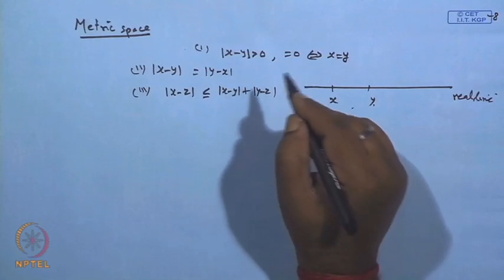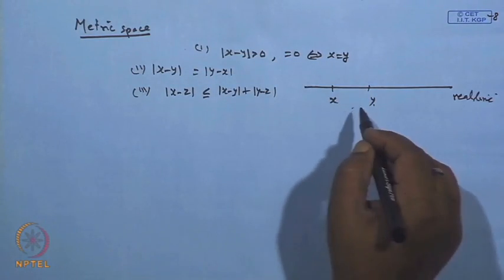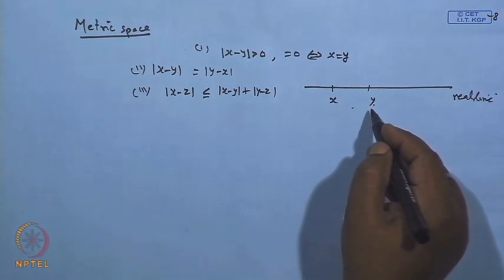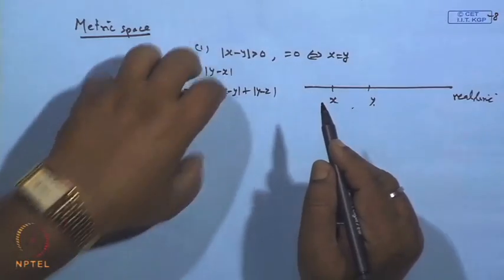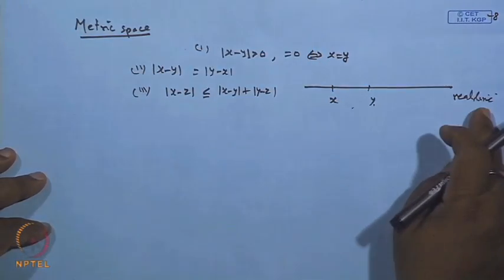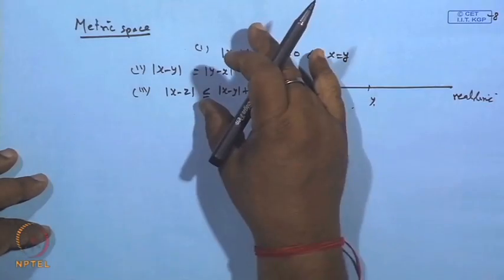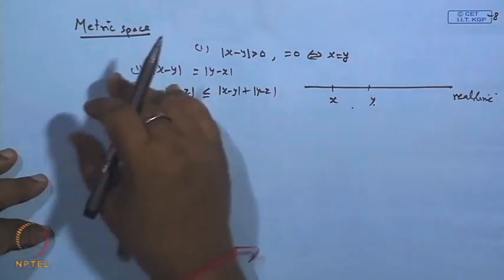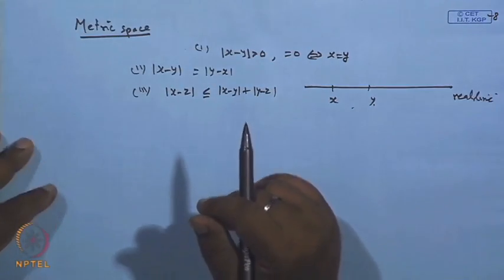These properties are satisfied by the absolute value function, the distance function defined on the real line. Now we want to extend it to an arbitrary set, making these properties axioms for an arbitrary set, and that leads to the concept of the metric space.